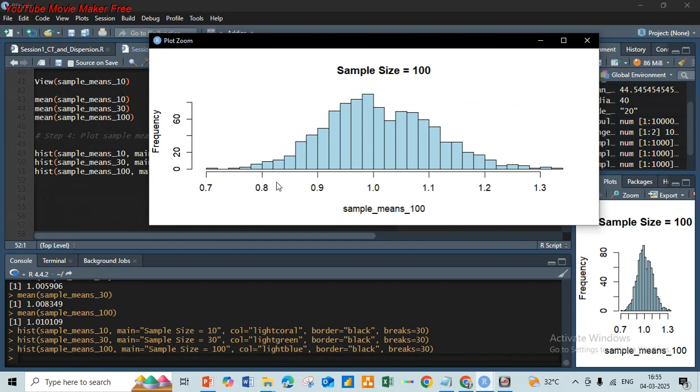But even so, both of these are approximating normal distribution better than the sample size of 10, right? This graph also looks a little bit flatter as compared to the sample size of 30, right? And that is also one of the differences.